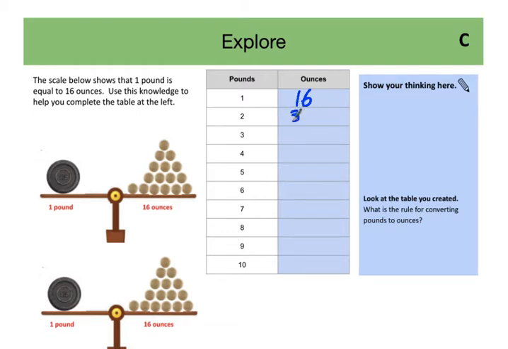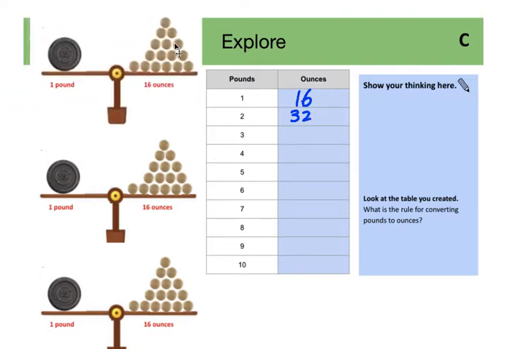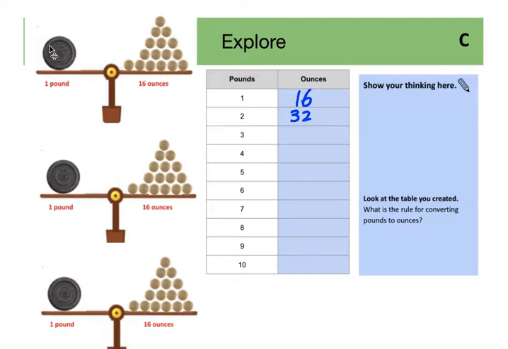Right, 32. Now how about if I had three of these scales? I have 1 pound, 2 pounds, 3 pounds. How many ounces is equivalent to 3 pounds? 16 ounces, 16 ounces, 16 ounces. Right, that would be 48 ounces.